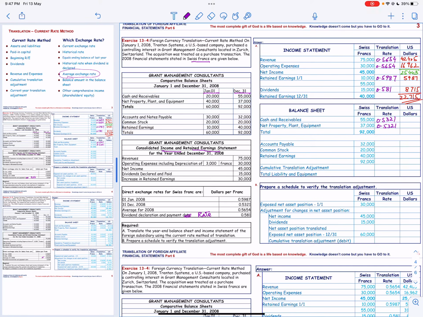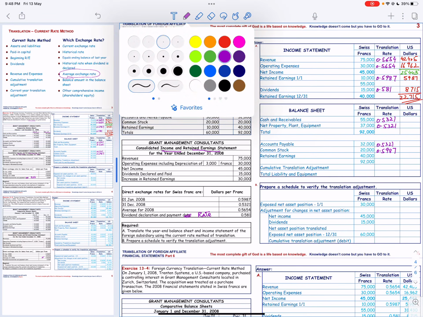And also for accounts payable, 0.5321. Common stock, we will be using the historical rate, that is 0.5987. Then let us make the calculations now.